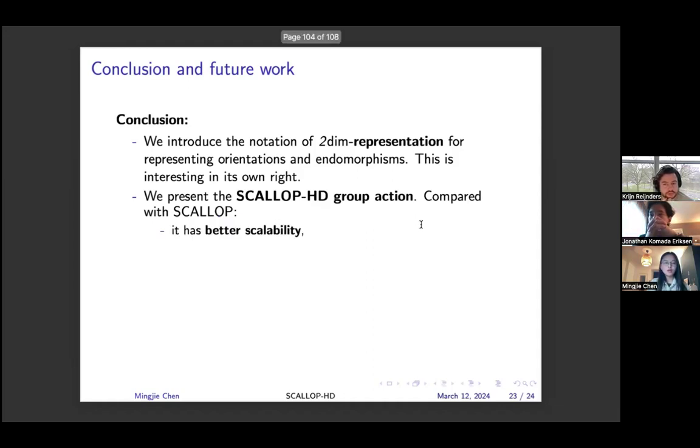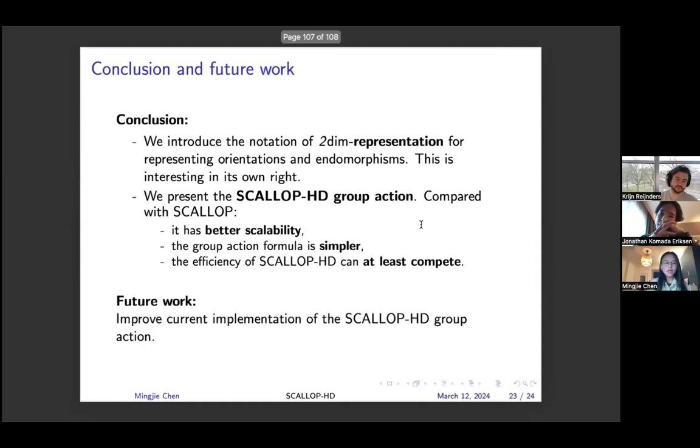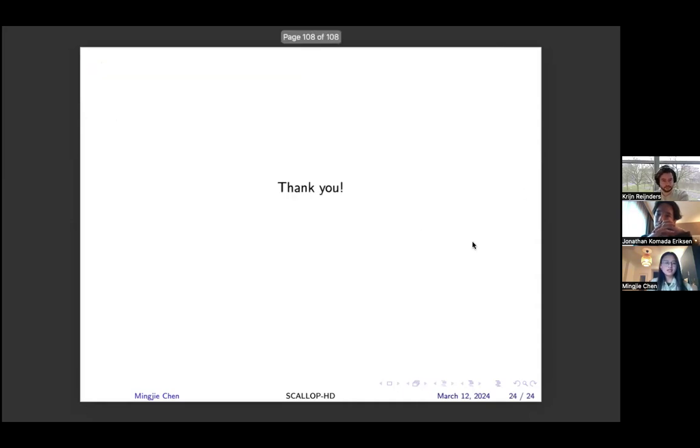Compared with SCALLOP, it has better scalability. The group action's formula is simpler, and the efficiency of SCALLOP-HD can at least compete with that of SCALLOP, as shown by the numbers on the previous slide. And the future work is to improve the current implementation of the SCALLOP-HD group action. That's it. Thank you.